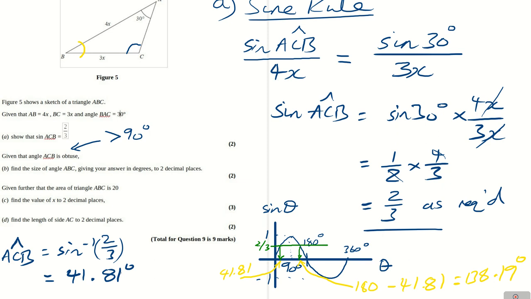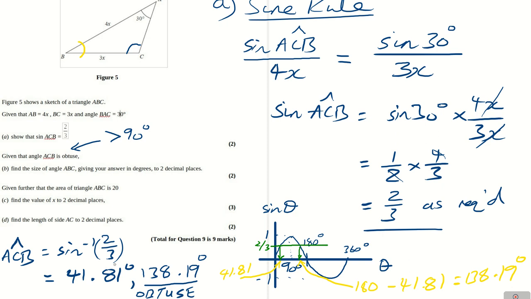And so I'll write here ACB is 41.81, or it could also be 138.19 degrees. And in fact, because we know it's obtuse, that's the angle which we choose.